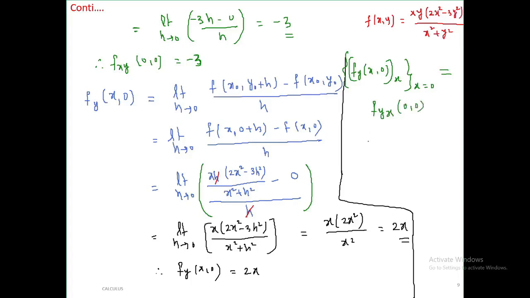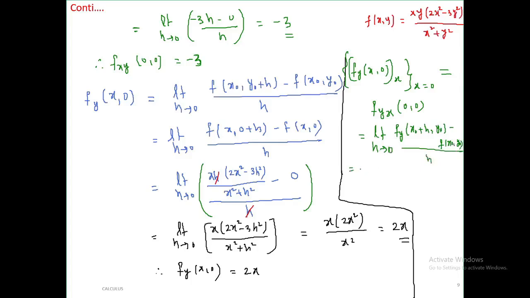So this equals limit h tends to 0, same as the previous one. Now with respect to x you are doing, so the f_y function is the same. You have to take this function into consideration and differentiate with respect to x. With variation in x: f_y of (x naught plus h, y naught) minus f_y of (x naught, y naught), divided by h, h tends to 0.